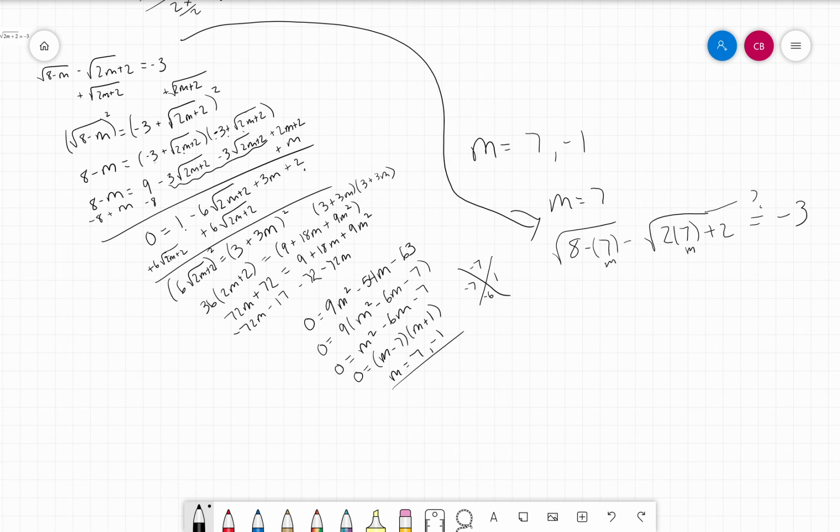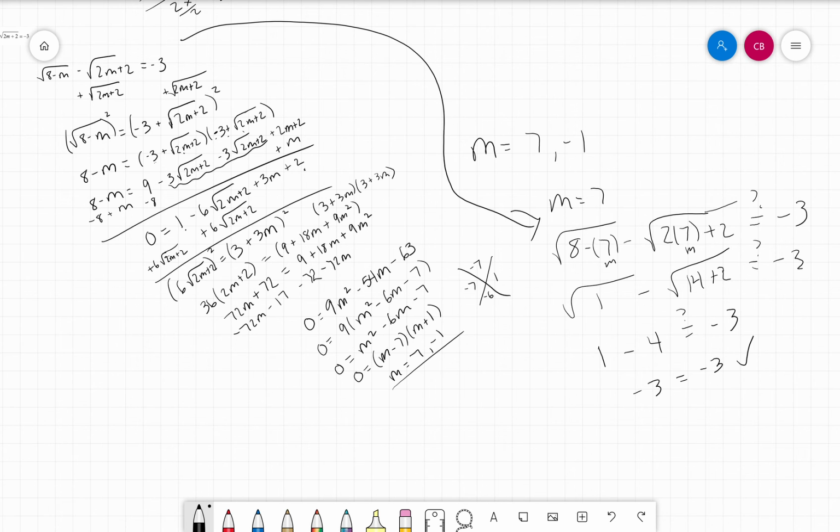Okay, so this is square root of 8 minus 7 is square root of 1 minus the square root of 14 plus 2 is equal to negative 3, which is the square root of 1 is 1 minus the square root of 16 is 4, negative 3. And negative 3 is equal to negative 3. Check.